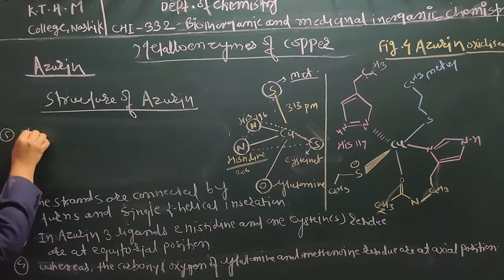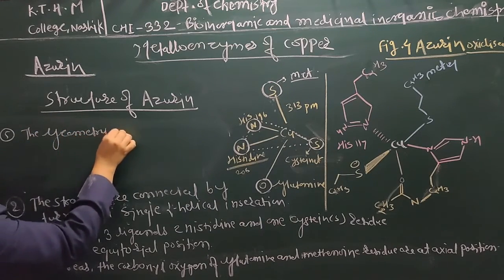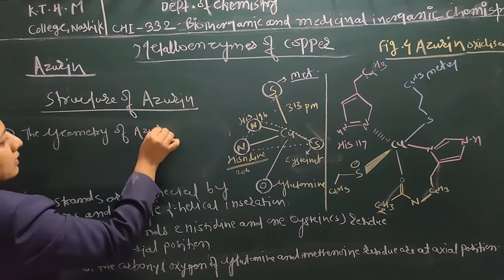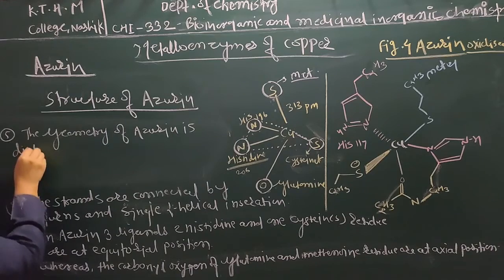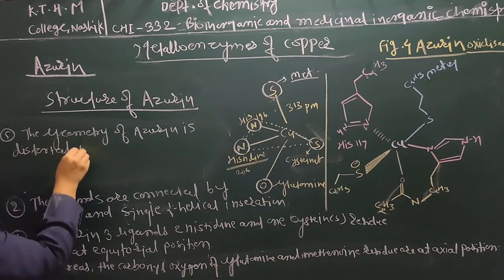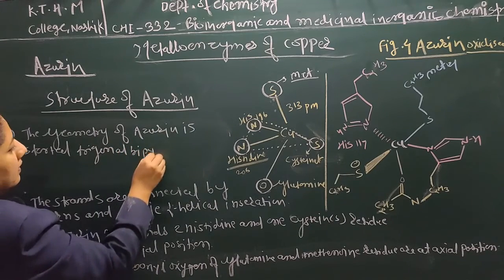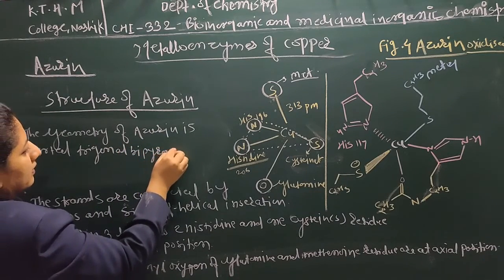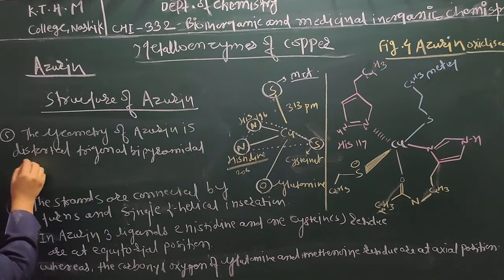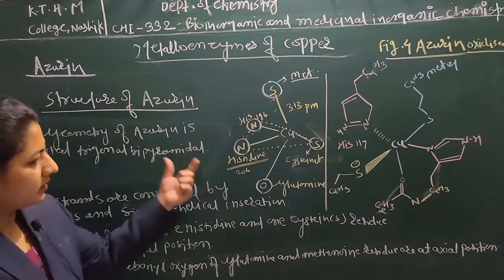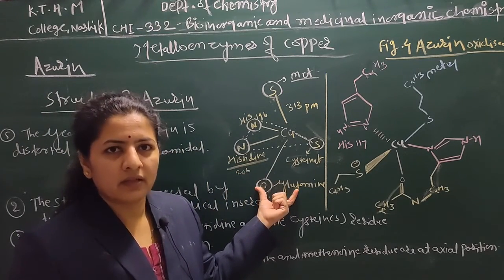So the geometry of azurin is distorted trigonal bipyramidal. This is the general structure of azurin.